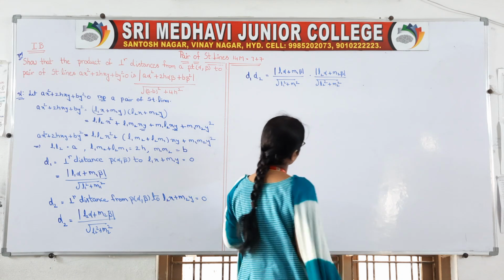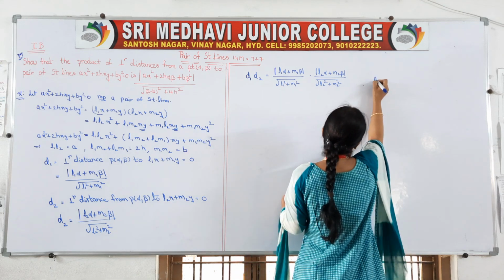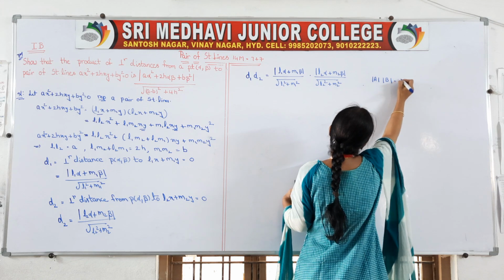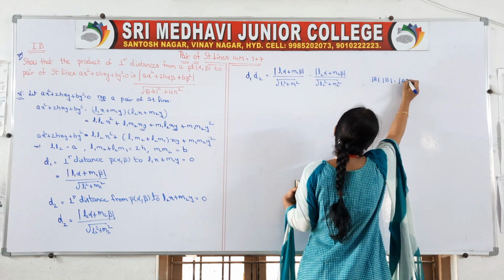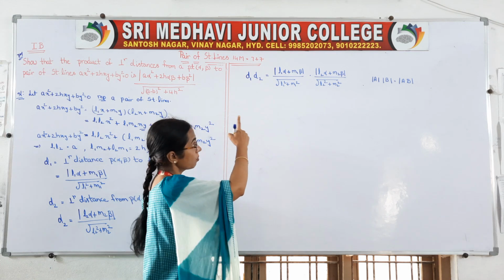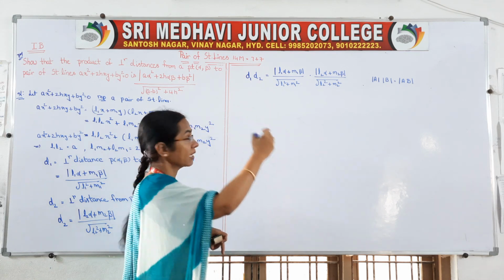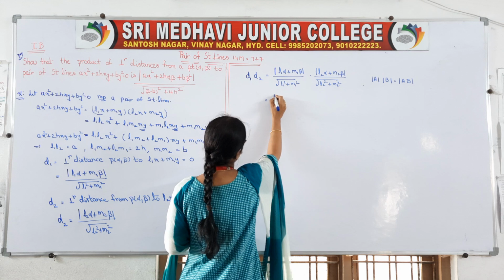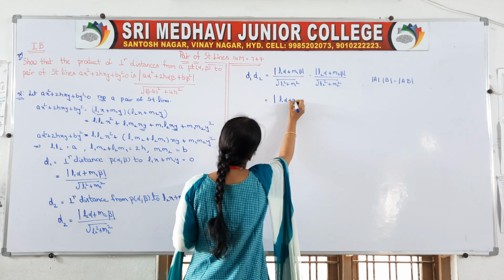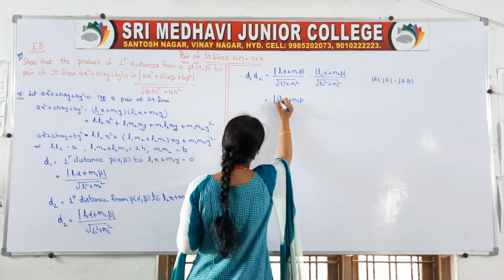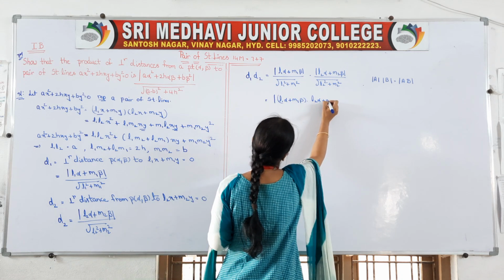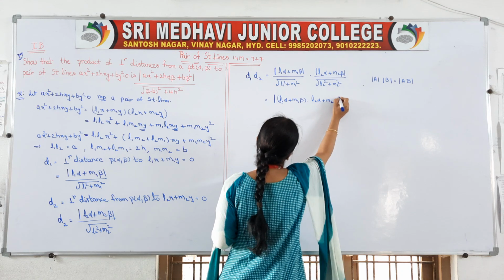Suppose we have mod A into mod B, we can write modulus of A into B. Same thing here, modulus of first line into second line. So we can write combinedly |(L1 alpha + M1 beta)(L2 alpha + M2 beta)|.